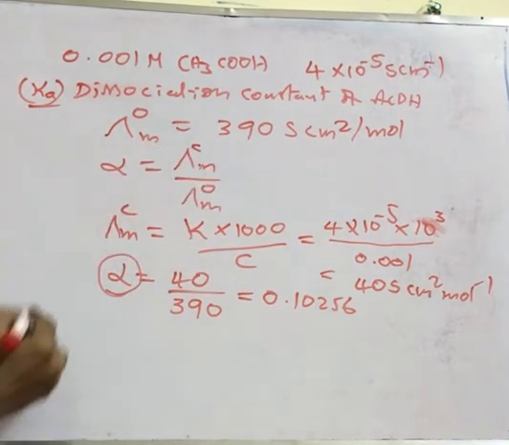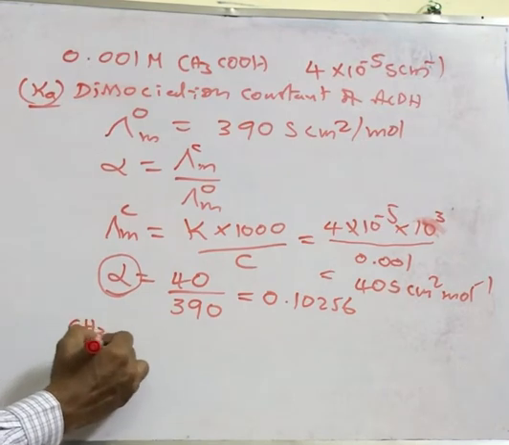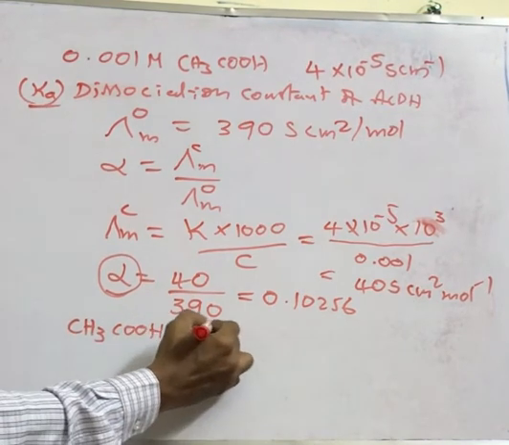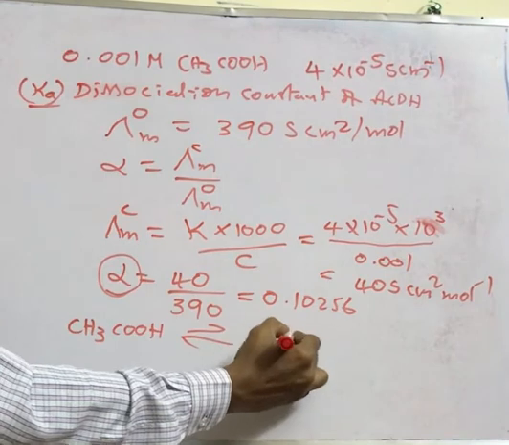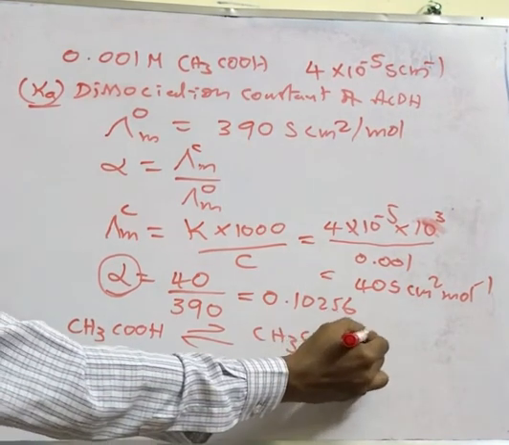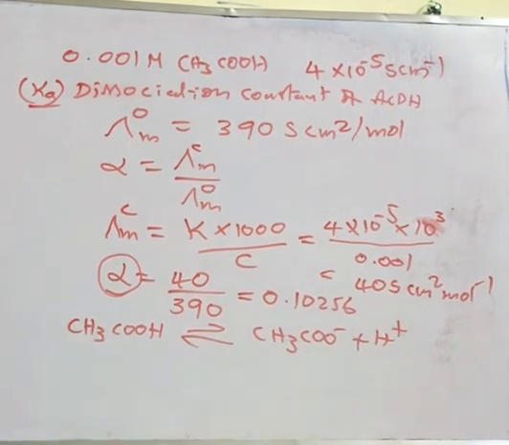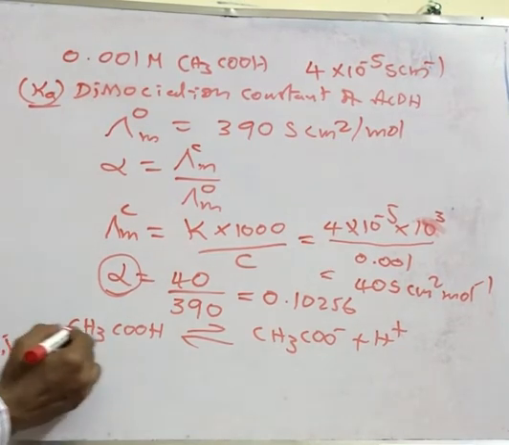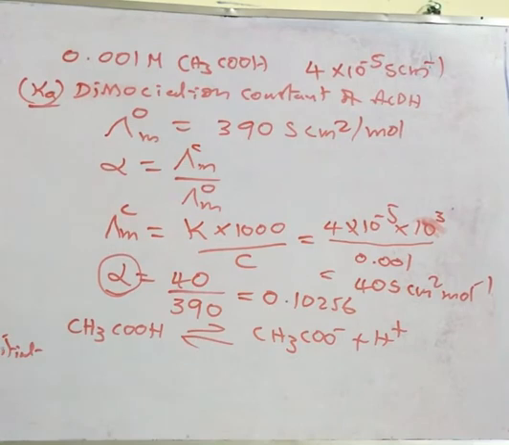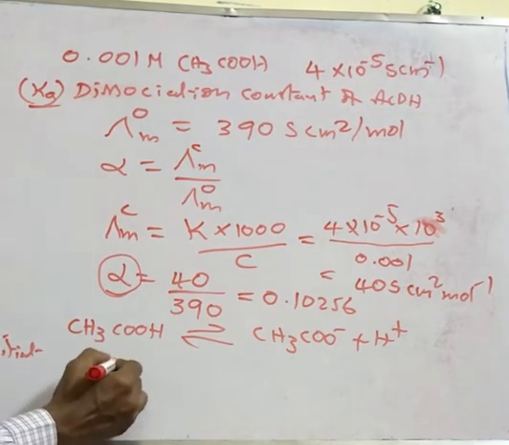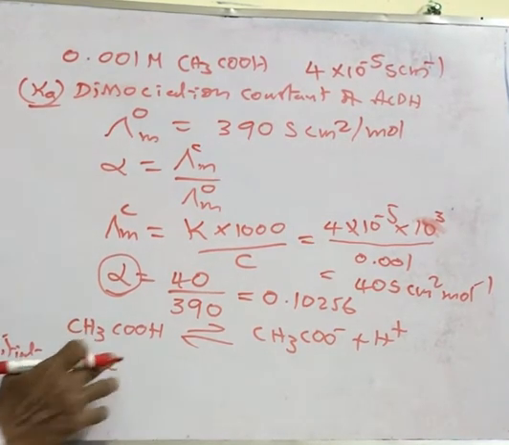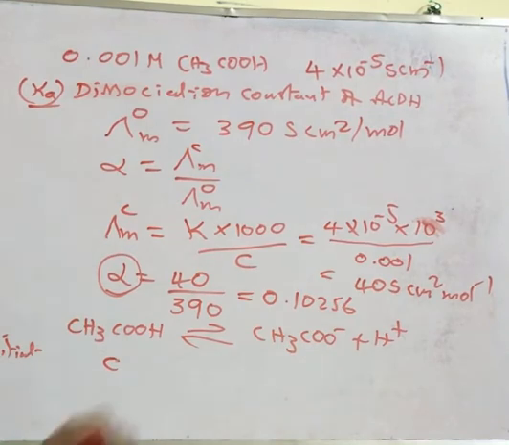Now you write the dissociation of acetic acid. For example, acetic acid CH3COOH dissociates into CH3COO minus plus H plus ions. Correct? At initial conditions, the concentration of acetic acid you can consider as C moles, and the others will be 0, as there is no dissociation.